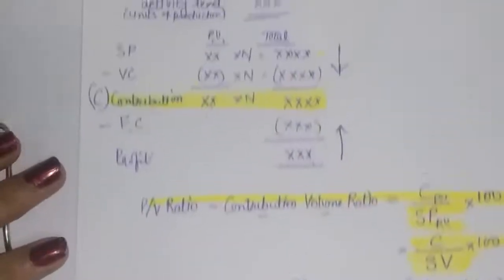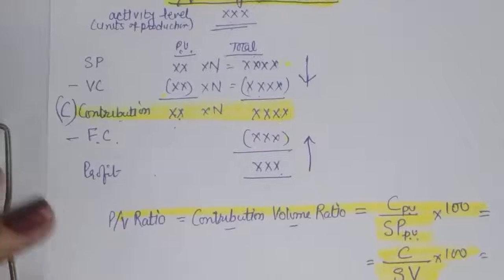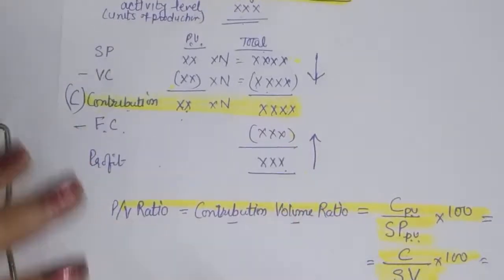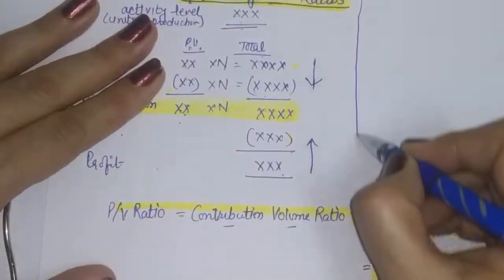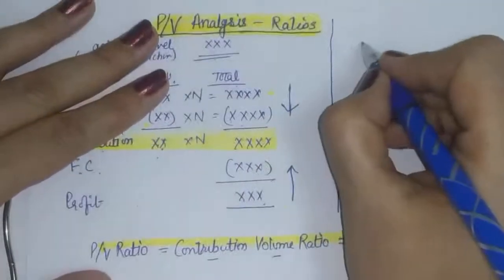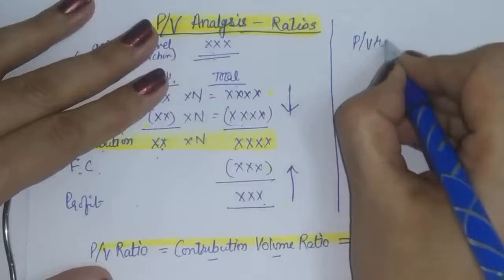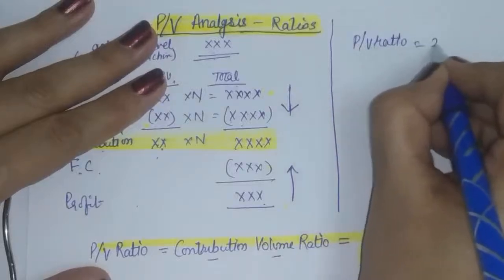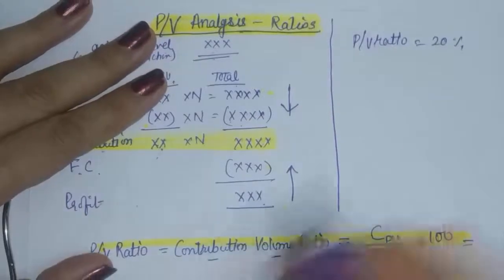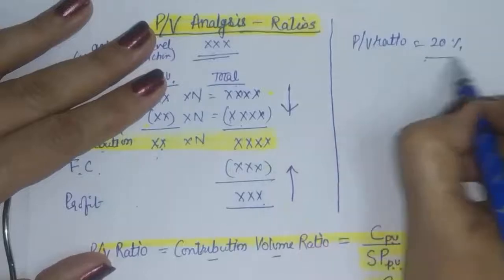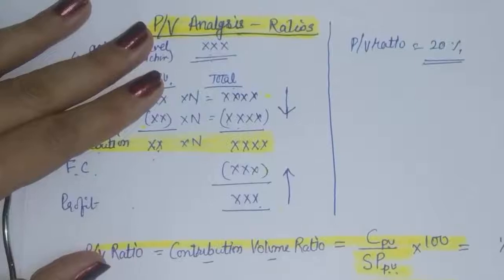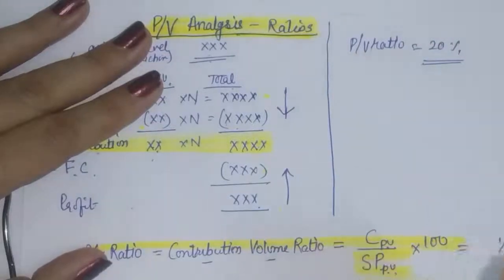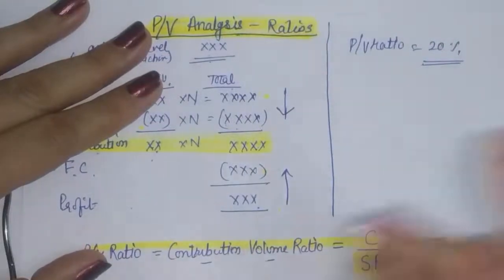Now, understanding the ratio. It is one thing to calculate the ratio, another is to understand the ratio to use it for various purposes. Now, if you say that your PV ratio is 20%, what does this imply? Whenever we understand any ratio, it should always be understood with reference to the denominator.